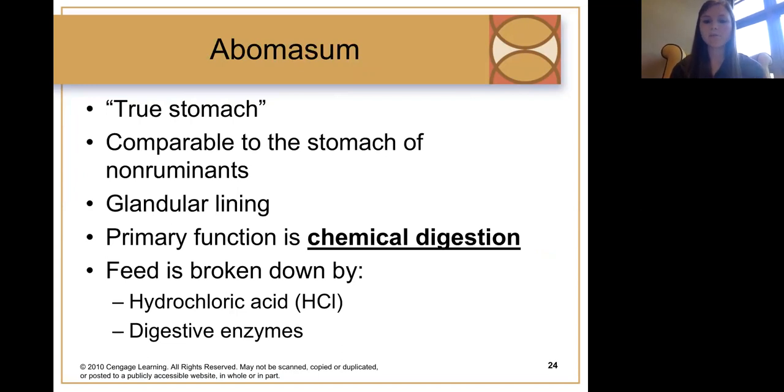Feed is broken down by hydrochloric acid and other digestive enzymes. So that's a lot of what's going on there, the actual chemical digestion after the fermentation has already occurred in the rumen. Any questions on that?